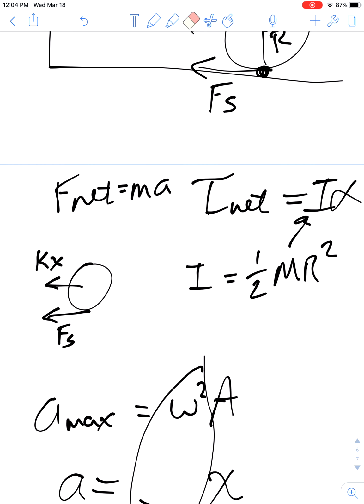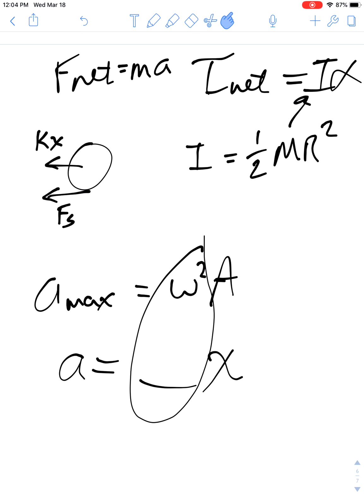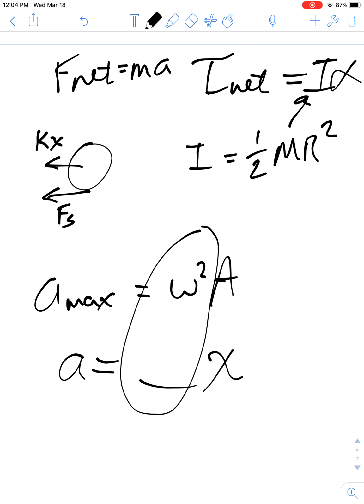That'll help you with your net force equation. In any case, you'll end up with an expression, omega squared A equals blank times x. You'll have some coefficient here, and that coefficient corresponds to your angular frequency. Once you know your angular frequency, you can find your period.